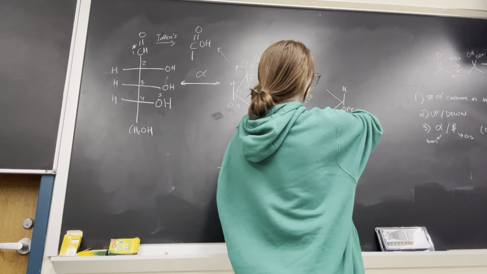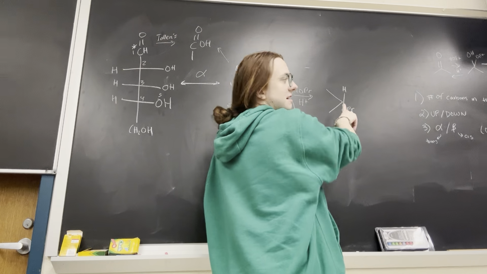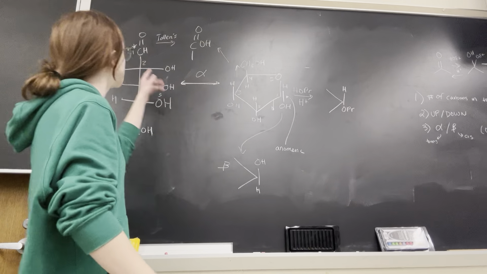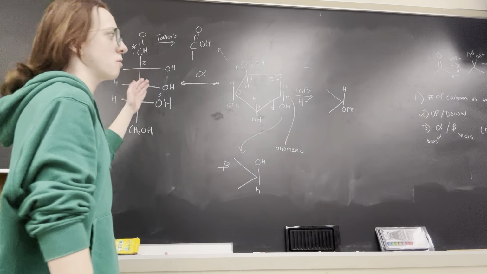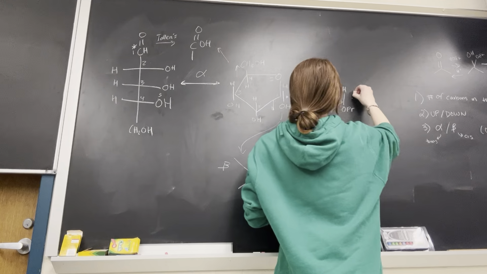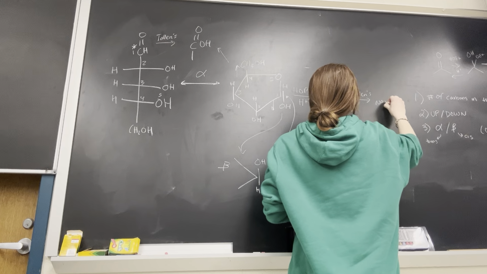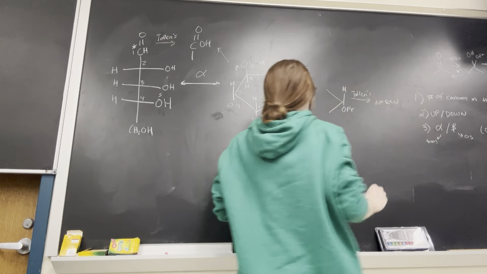So to finish this thought, because I kind of left it hanging: now that it is an ether, it cannot go back to this form, it cannot be an aldehyde anymore. If you were to react it with Tollens, it would not react.